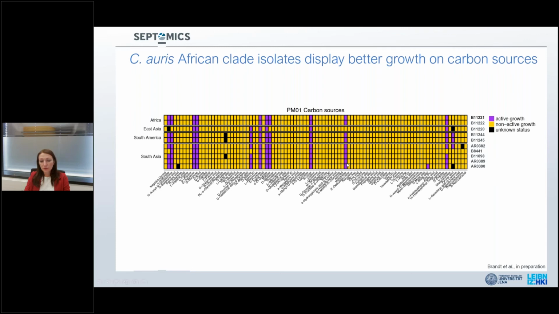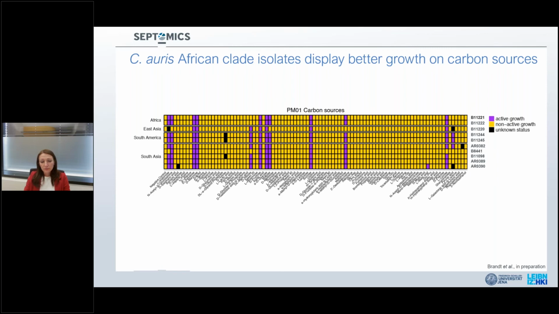But some of those show some specific differences. And overall, what we also saw is that the African clade isolate displayed overall better growth on carbon sources. So the curves were always slightly higher compared to all the other clades.